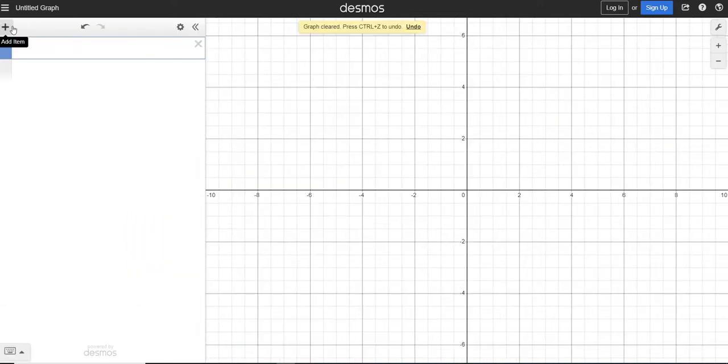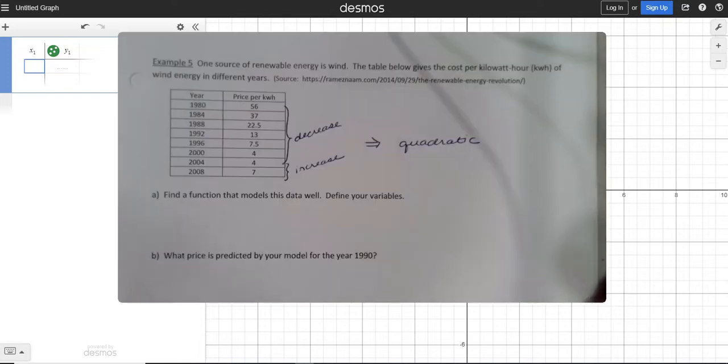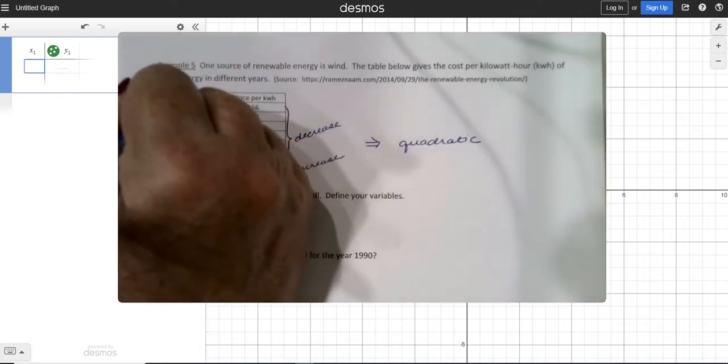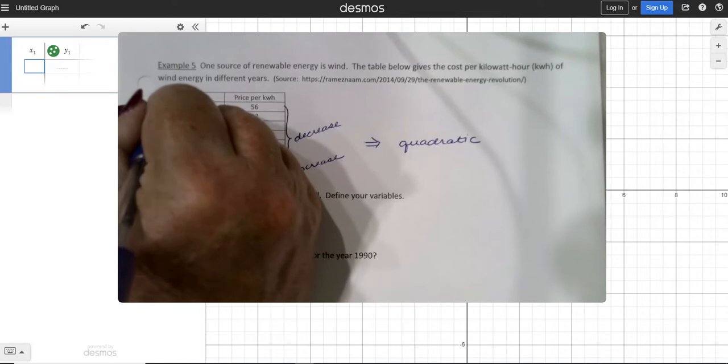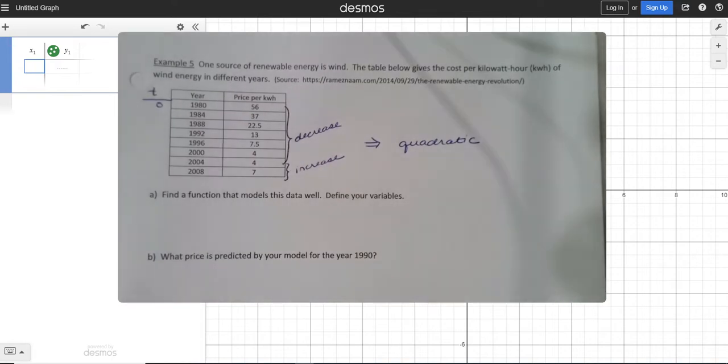So I'm going to put a new table here. And, oh, did they tell me the years? They did not, so I'm going to assume that we can start with 1980. So let's go ahead and for a t value here, let's let t be the years after 1980.